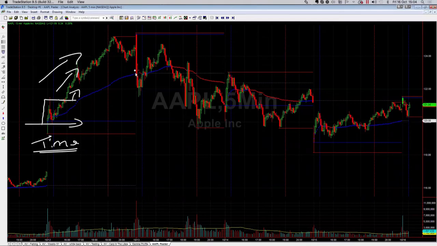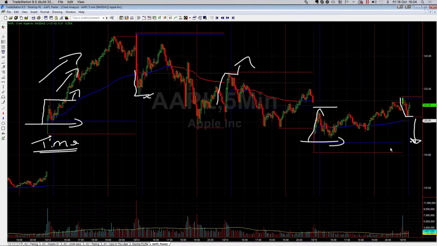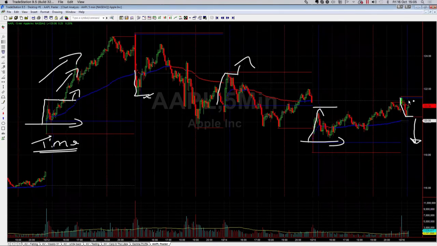That's my requirements. Push, pullback, again, there's the void. We've got the push, pullback, there's the void, push, pullback. Again, there's another one that timed out. So right now, the first push is down, and it could be setting up a bearish trade on Apple. So that's what we're looking at right now. It's not yet fully complete, but we've got a partial pattern, and we know that it could produce a dollar move, a little bit of an exhaustion bar.